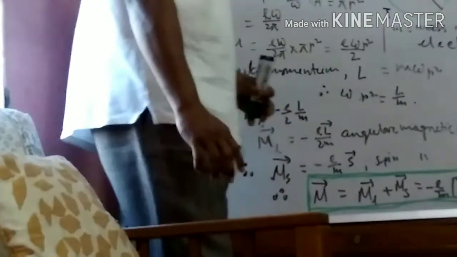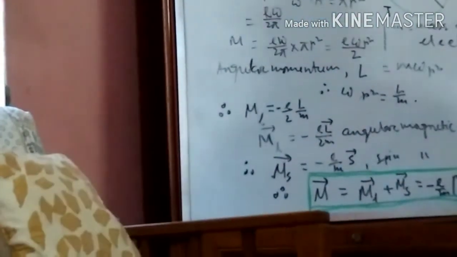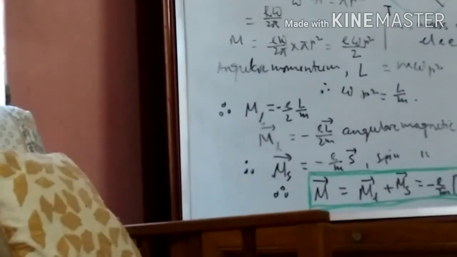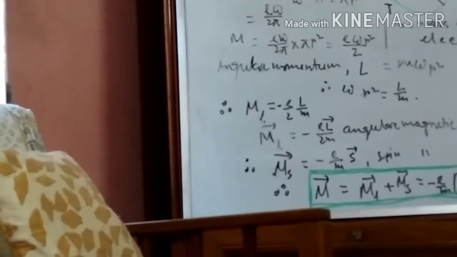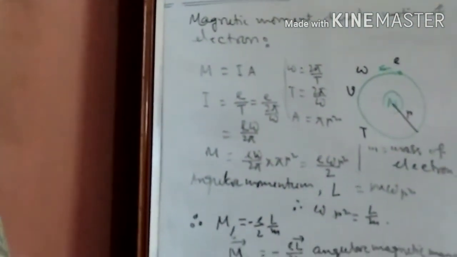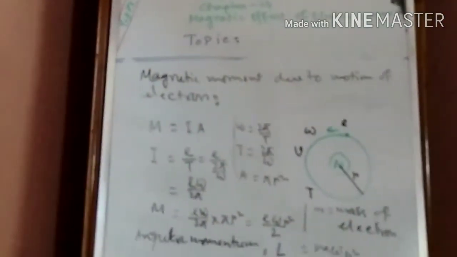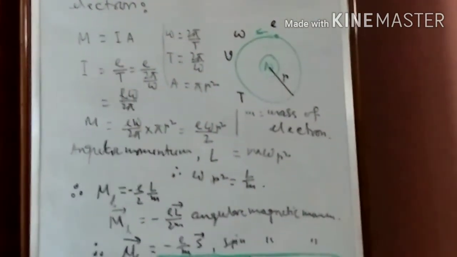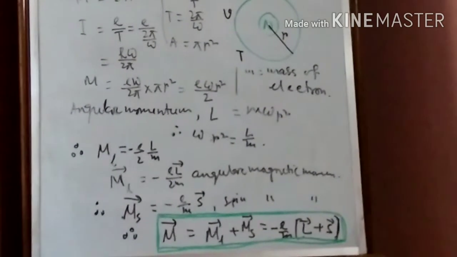There are so many atoms in a crystal, and all of these together produce the total magnetism in the crystal. So I think you got all the points in this lecture, how magnetism is produced in an atom.